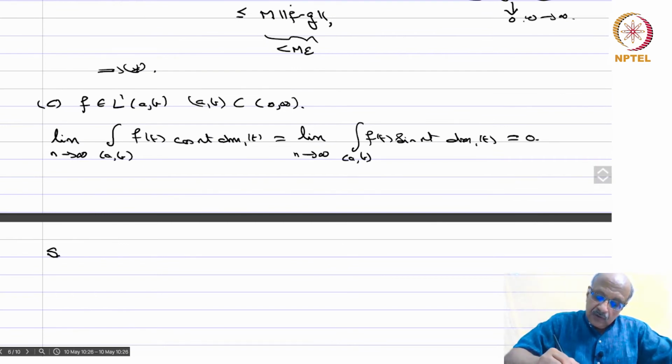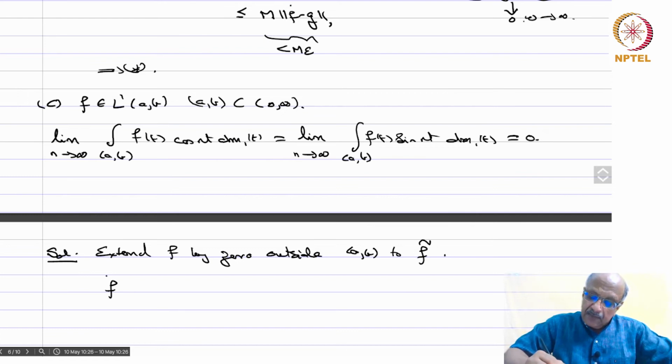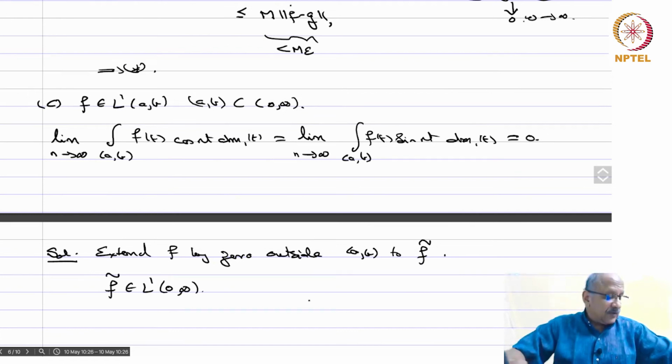So solution: extend f by 0 outside (a, b). So let f tilde be the extension. Then f tilde belongs to L1 of (0, infinity).